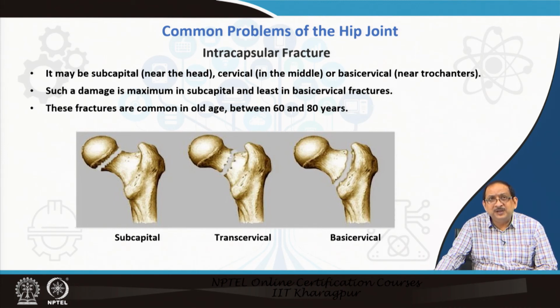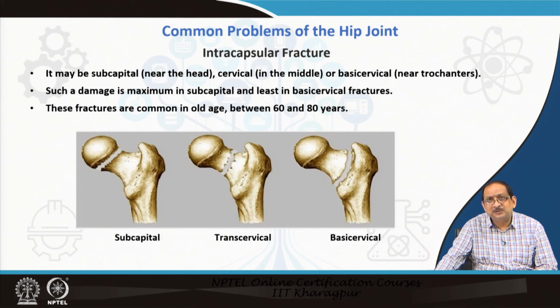As shown in the figure, the intracapsular fracture may be subcapital near the femoral head, the cervical or transcervical, which is located in the middle part through the neck of the femur, and the basicervical fracture, which runs through the lesser trochanter to the greater trochanter.